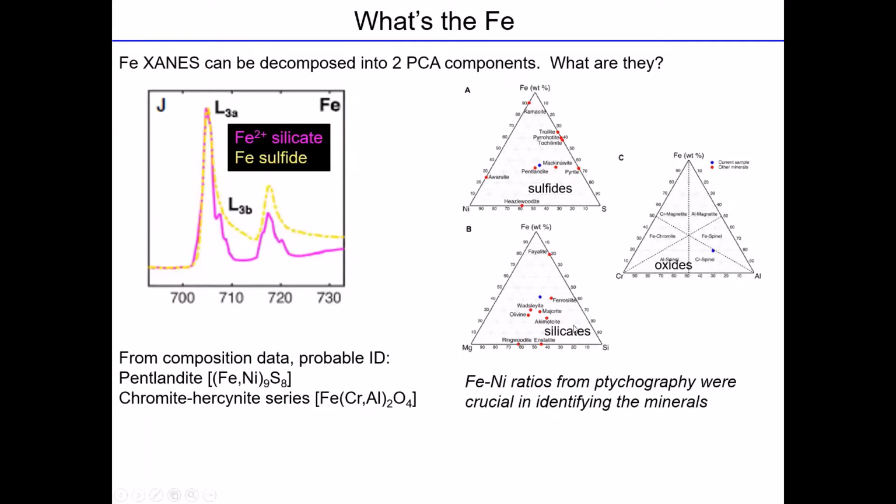In the oxides and silicate, the oxide appears to be this spinel in the chromite hercinite series, and the silicate, I believe, was a form of olivine. So the iron-nickel ratio turned out to be important. It's like where it is on this part, in identifying what the minerals are.